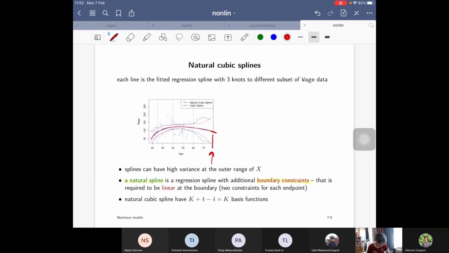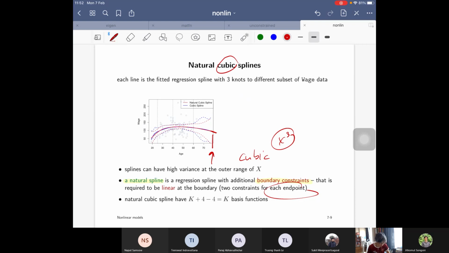Okay, so conceptually, for the cubic spline, right? Cubic spline has up to order 3, right? So we're going to enforce 2 constraints for each endpoint. Those 2 constraints are constraints on the derivative.